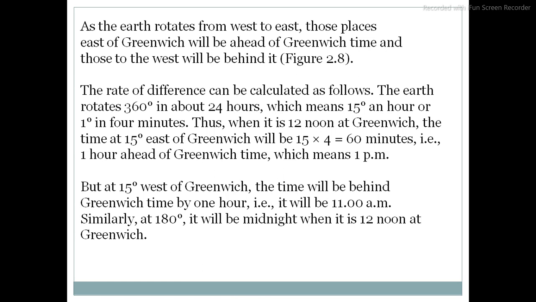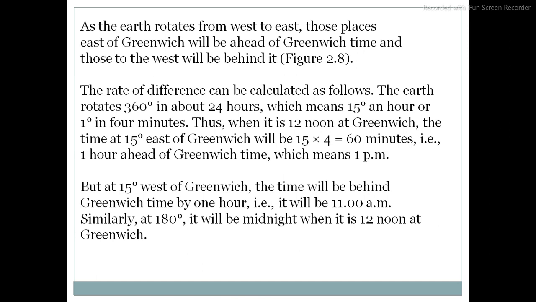The rate of the difference can be calculated as follows. The earth rotates 360 degrees in about 24 hours, is that clear to everyone, which means 15 degrees an hour or 1 degree in 4 minutes.